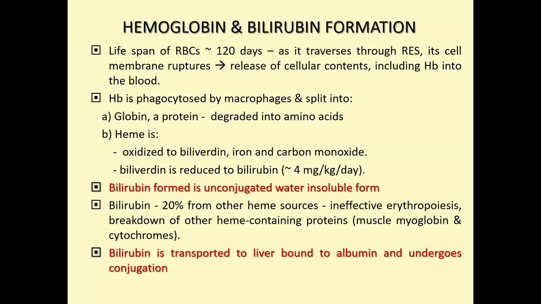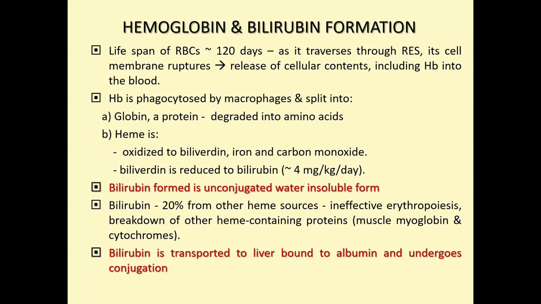The lifespan of an RBC, this is general for undergraduates, is about 120 days. As it goes to the endocrine system, the membrane ruptures, contents are released, hemoglobin is broken down, and heme is phagocytized by macrophages. Globin goes to amino acids, heme is oxidized to biliverdin, and then biliverdin is reduced to bilirubin. About 4 milligrams per kg per day is produced, in the unconjugated, water insoluble form.